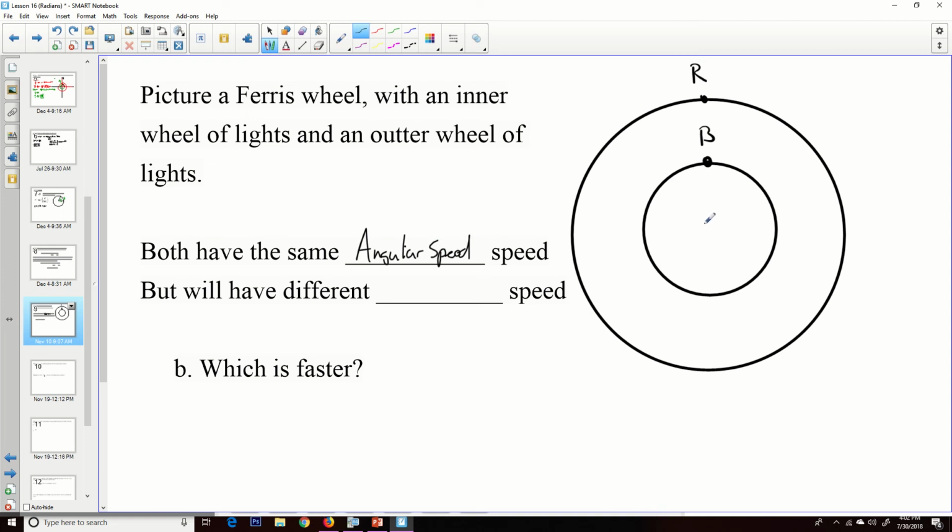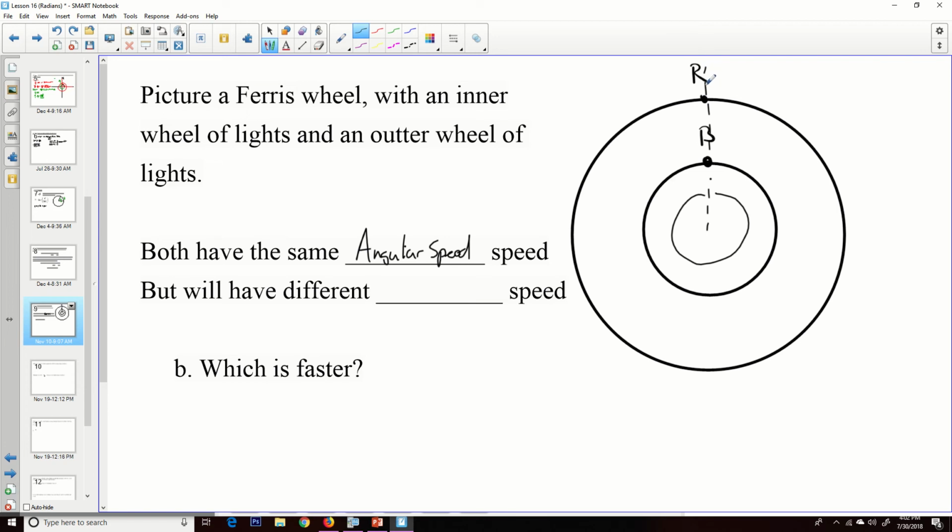All right, because if we draw the dotted line through the middle and we calculate how many degrees they will travel, they will both travel the same number of degrees in the time frame that we've talked about. But clearly, as they go around, B travels a much shorter distance than R travels.